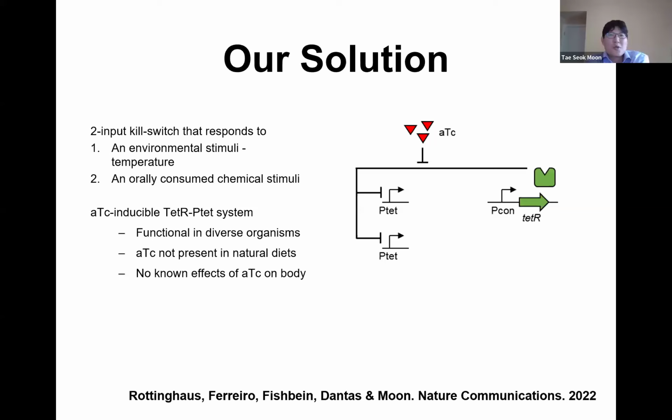We actually got scooped by multiple big names, Jim Collins' group, Pam Silver's group, and also my own advisor, Chris Voigt's lab. And they actually developed beautiful kill switches over the last 10 years. And then after we tried multiple different things and basically dropped multiple projects because somebody had already done them, we decided to choose a CRISPR system.